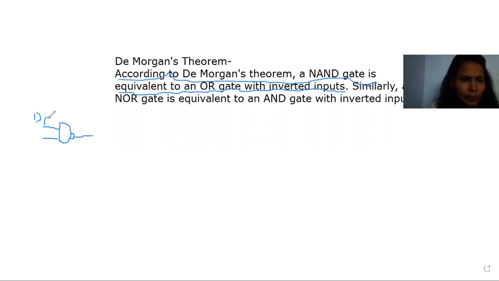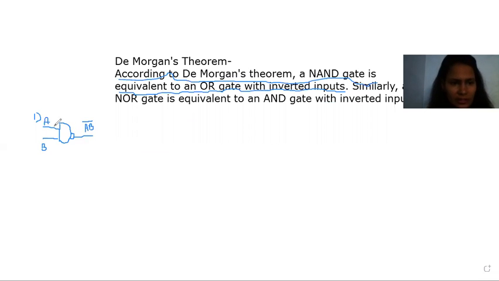This is a two input NAND gate. The output of this NAND gate will be AB whole bar. We know that NAND gate is the combination of AND gate and NOT gate.